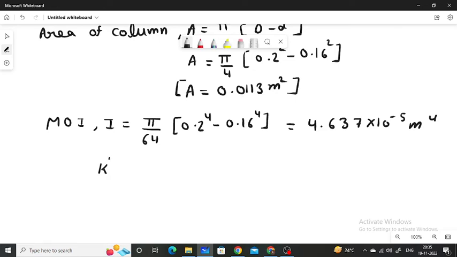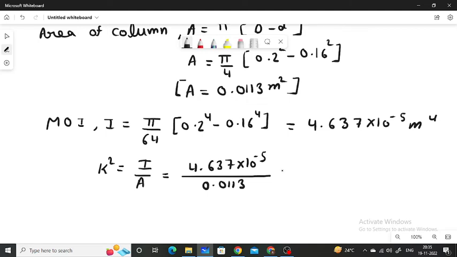Now the k square will be equal to I by A, which is 4.637 into 10 to the power minus 5 divided by 0.0113, equals 0.0041 meter square.